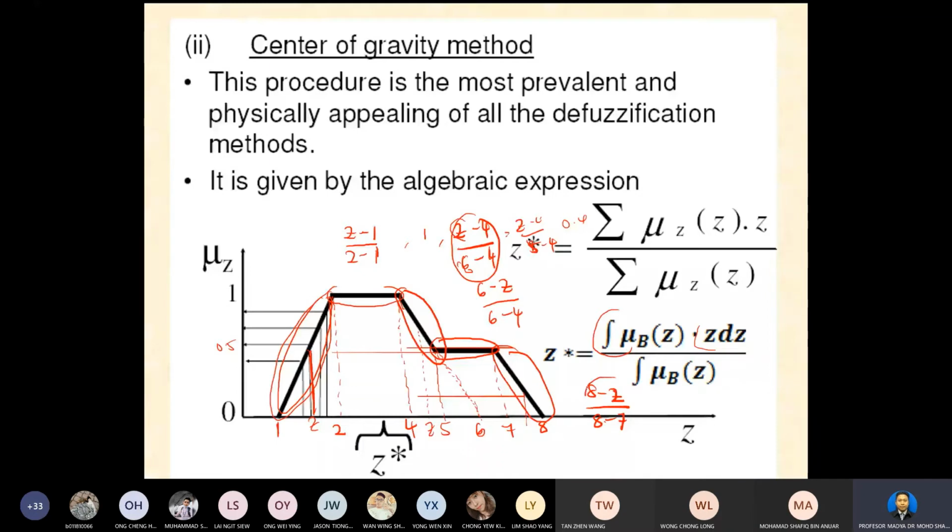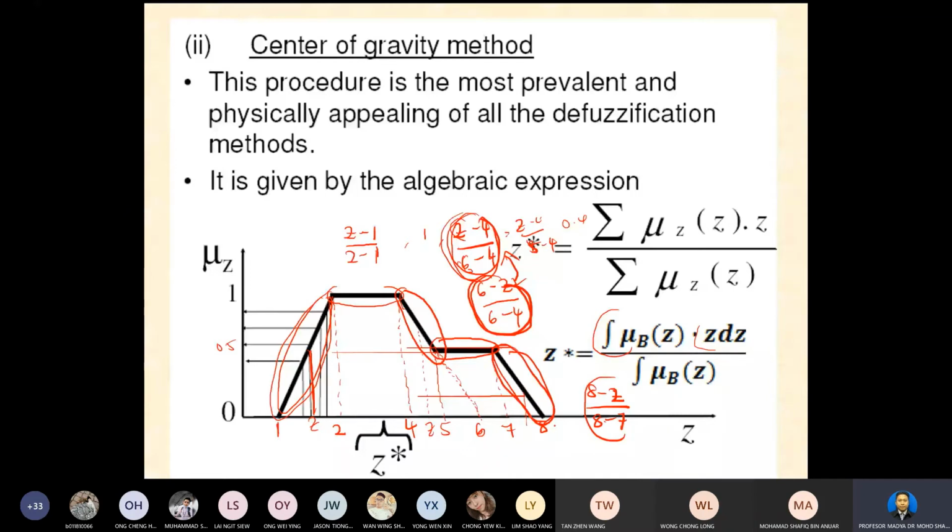After you integrate, we get the same answer. This was already proved by a previous student. So if you use this one, it is the same. For example, for the negative slope, 8 minus z divided by 8 minus 7.